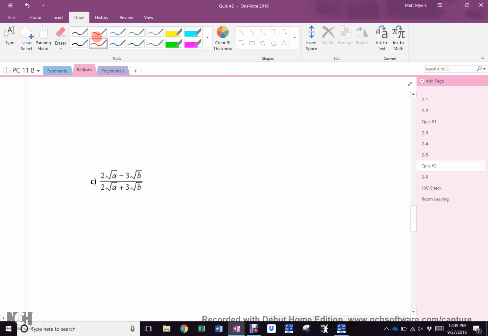And finally, multiply by 2 root a minus 3 root b over 2 root a minus 3 root b to get 4a minus 12. Oh, okay. You want to do it that way? Fine.